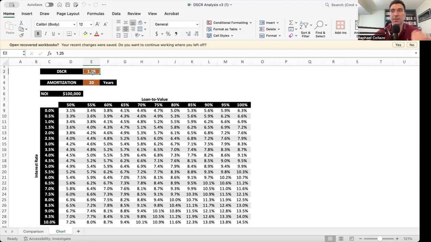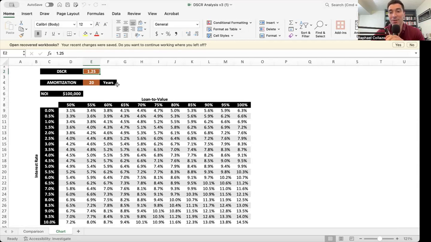Let's take an example of your NOI, your net operating income, after you take your gross revenue, subtract out your operating expenses, and you're left with your net operating income, right? So if your NOI is $5,000 a month and your debt to be serviced, meaning your monthly payment to service the debt, is $4,000 a month, you take 5,000 divided by 4,000, and that gives you a 1.25 debt service coverage ratio.